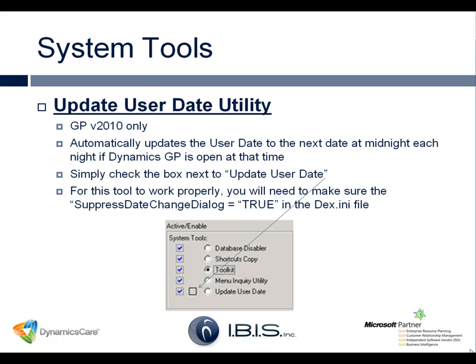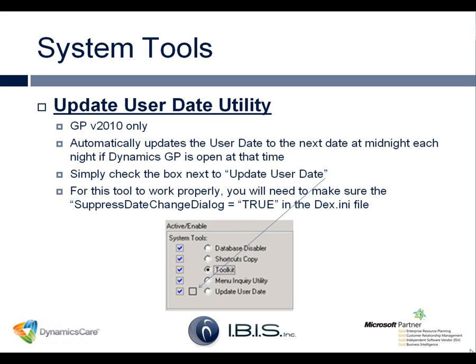There's another checkbox. So what you do, you check the checkbox, and the tool will automatically update the user date to the next date at midnight each night if Dynamics GP is open and being used at that time.